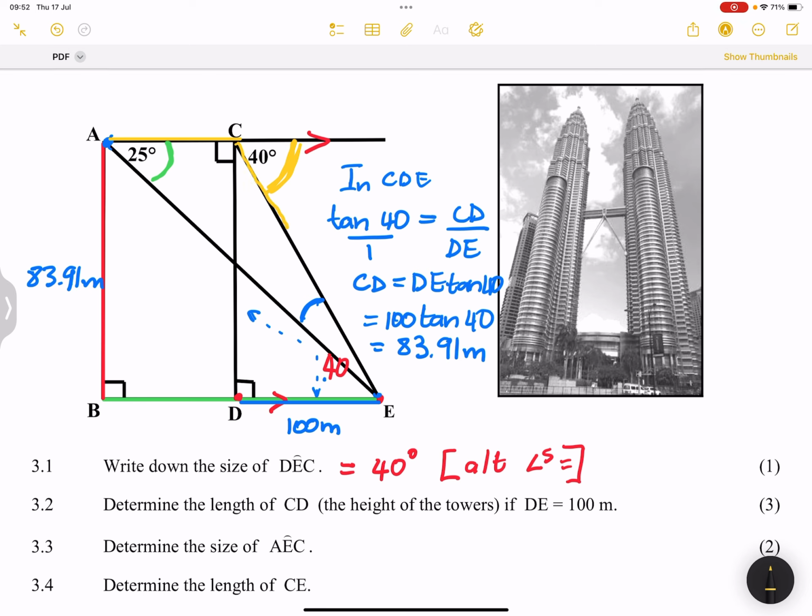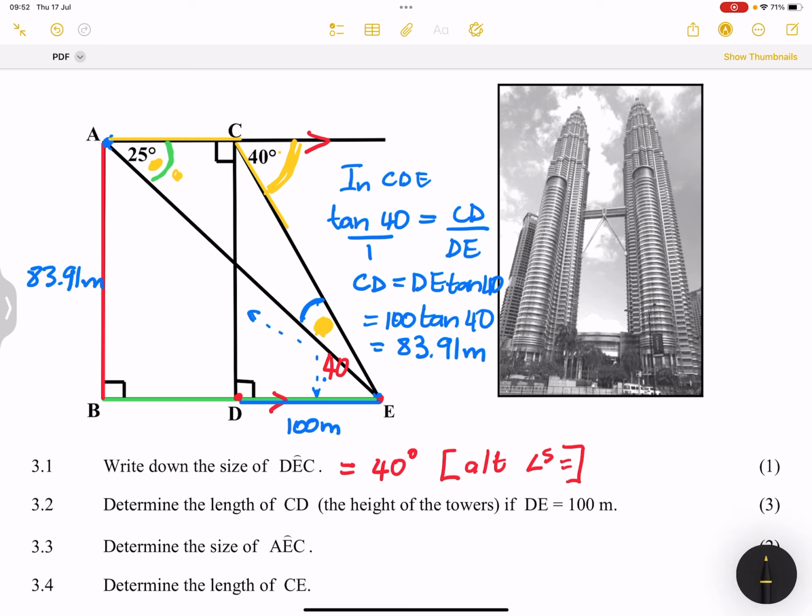And what do we know? The exterior angle of a triangle is equal to the sum of the opposite interior angles. So which means that the angle AEC plus 25 should give me 40.